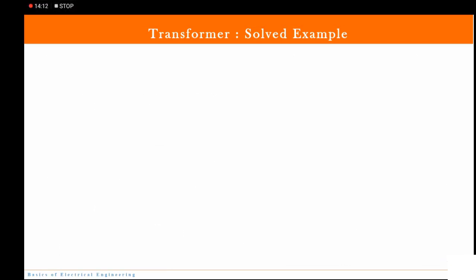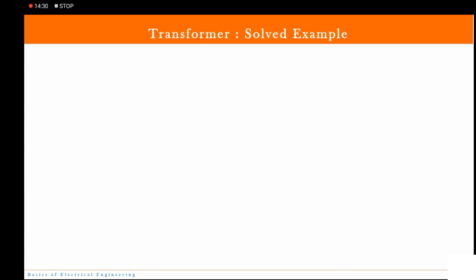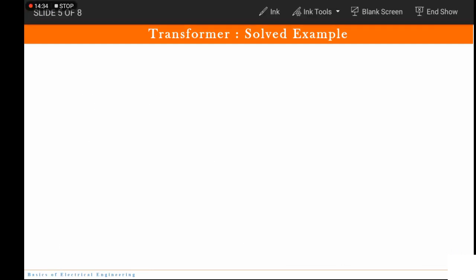Okay. Now the next is the cross-sectional area of the core if the maximum flux density is 1.2 Tesla. Now do we have any equation for this? Yes, we do. Remember the transformer equation?